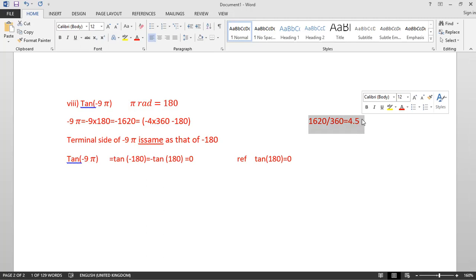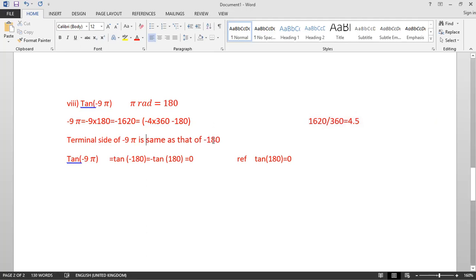In terms of revolutions, 1620 will be 4.5 revolutions, and because the angle is negative, it will take 4.5 revolutions in the clockwise direction. It ends at an angle of minus 180 degrees, a quadrantal angle. So the position for minus 9 pi will be the same as that of minus 180 degrees.